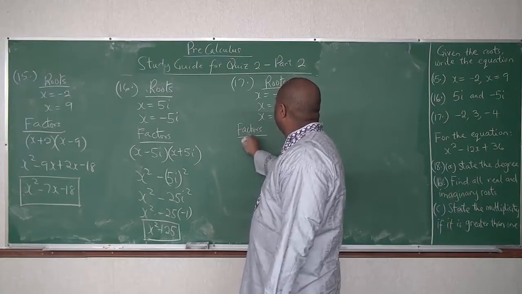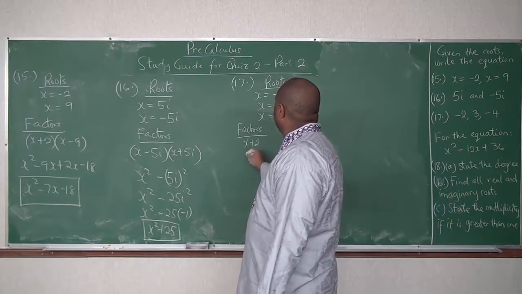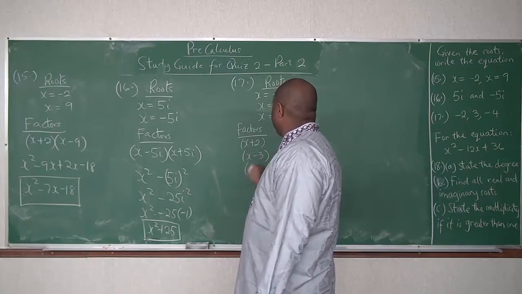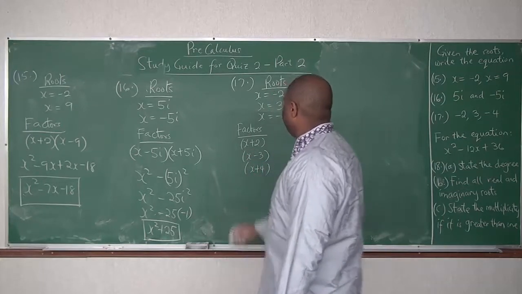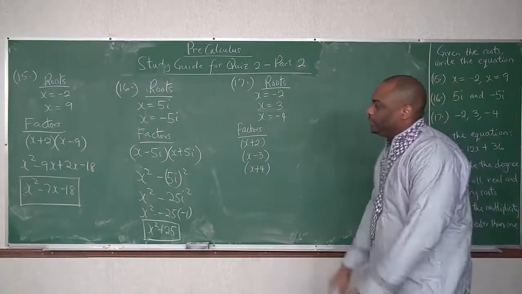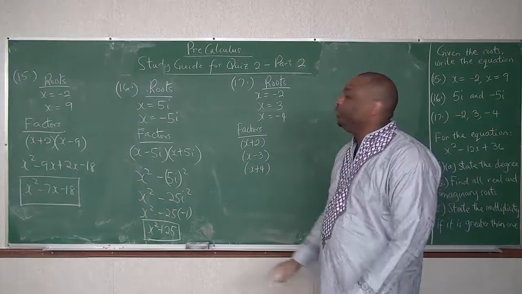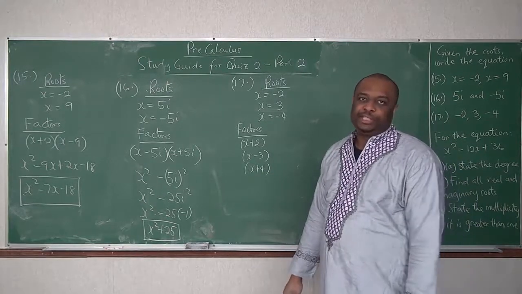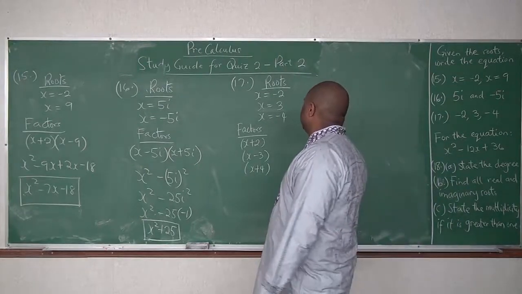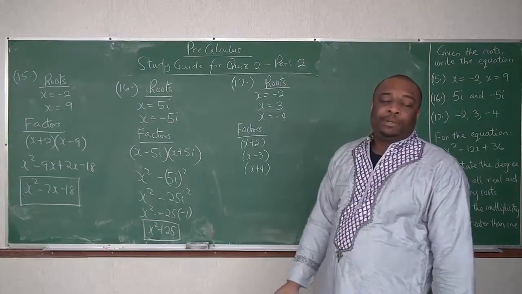Factors are x plus 2, x minus 3, x plus 4. We have to multiply the factors. It's going to give us a cubic function. x plus 2 times x minus 3, then times x plus 4.